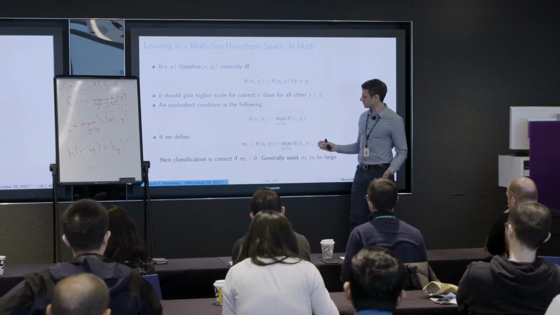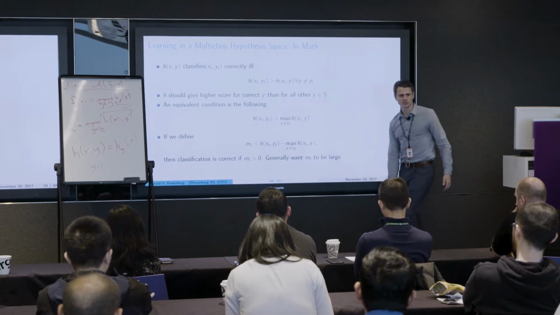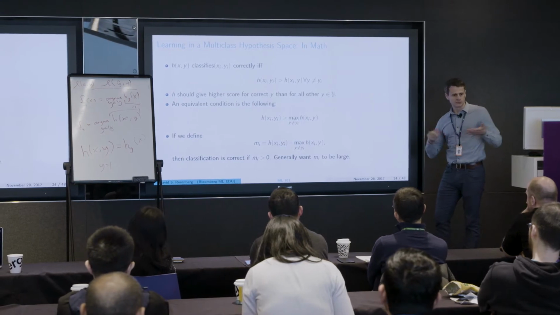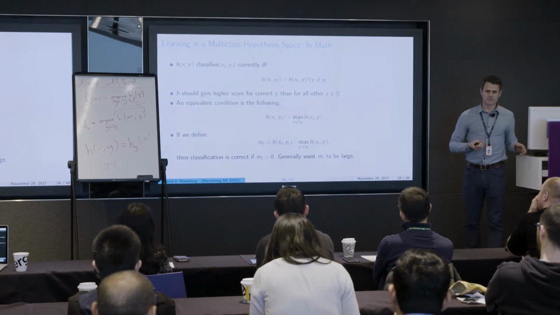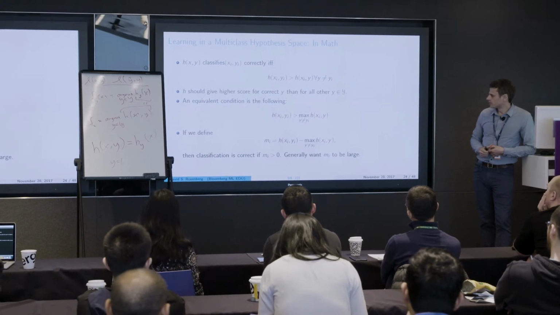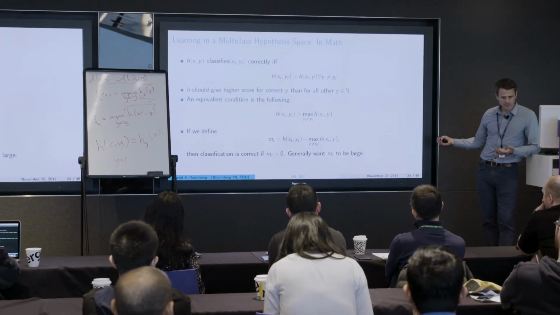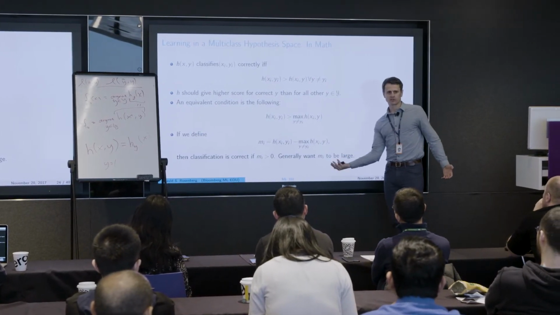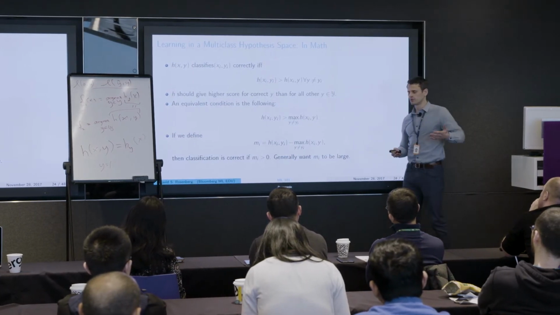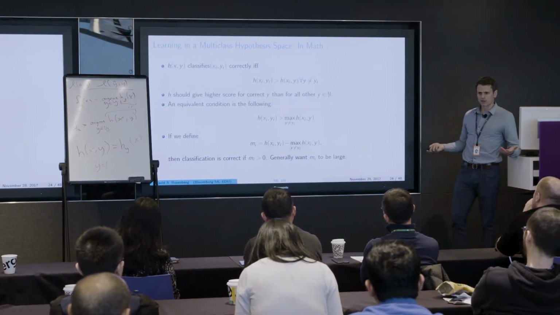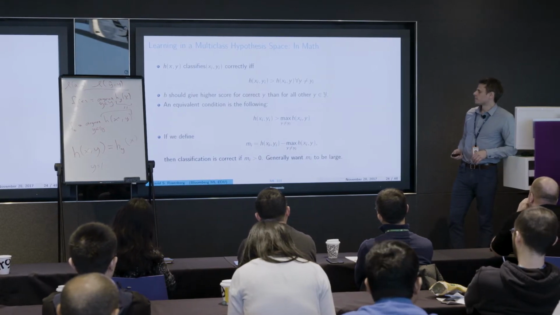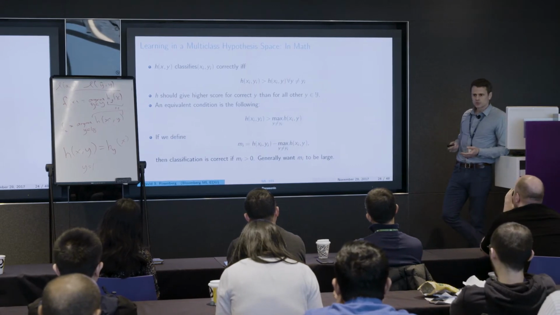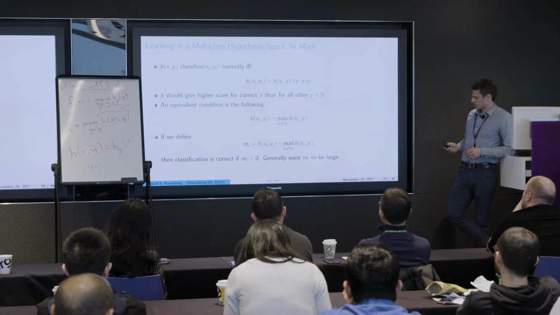You'll get a correct classification if MI is greater than 0, because then you're selecting the correct one, the highest one. Generally, you want that gap to be large to give you some buffer so that you don't make mistakes. This should seem familiar. We happen to call it MI; it corresponds to a correct classification when it's bigger than 0, and you want it to be large. That should sound like a margin-based method. We won't define the margin exactly this way, but we'll in a bit come to a multi-class generalization of margin. But this is the intuition.